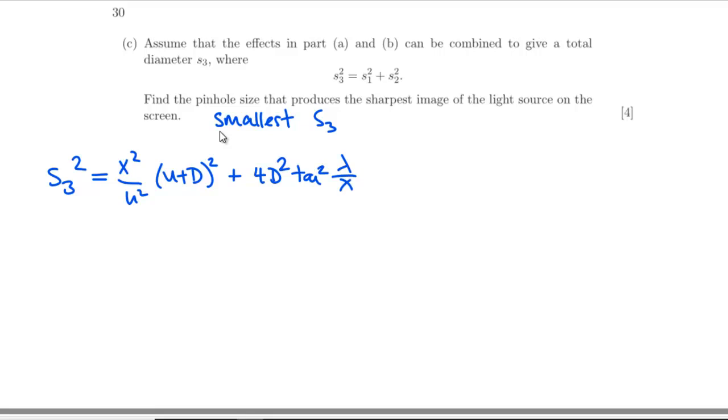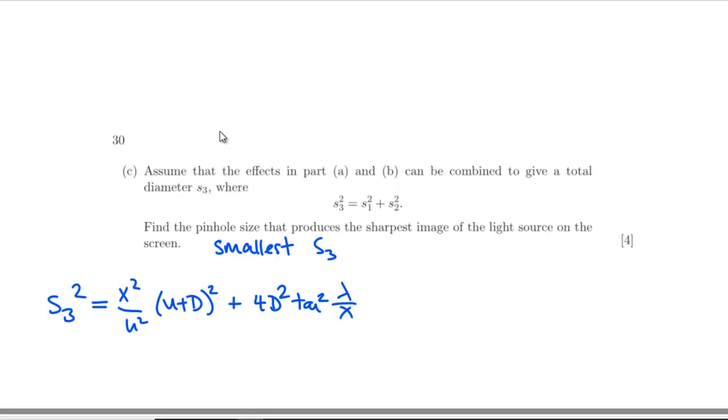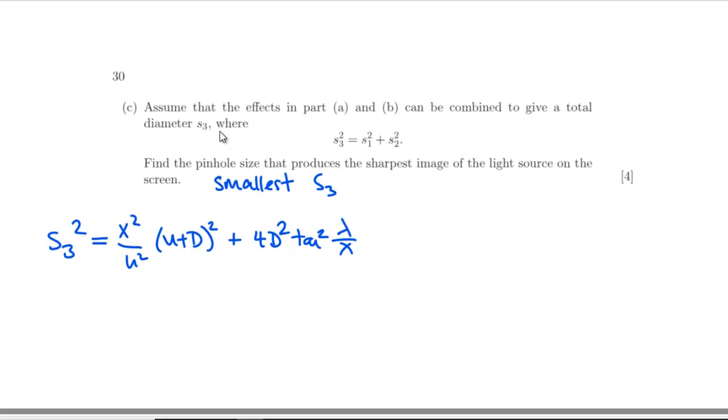So yeah, we're going to have to differentiate this to minimize it if we're going to get our optimum image. I don't like the look of having that tan there. The question asks for the pinhole size that produces the sharpest image.